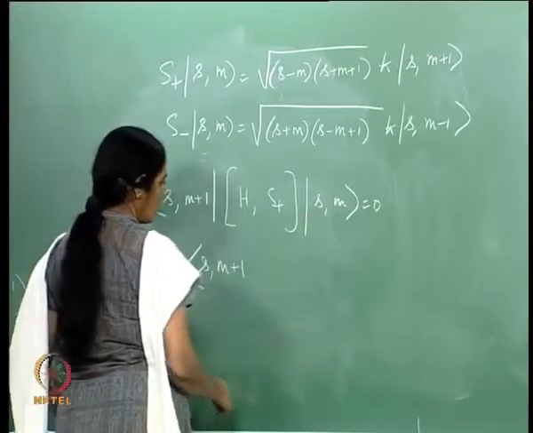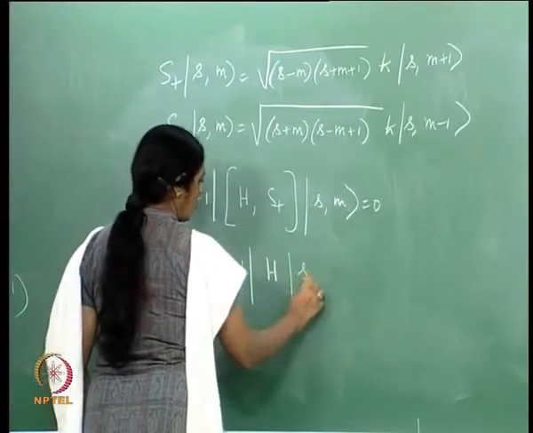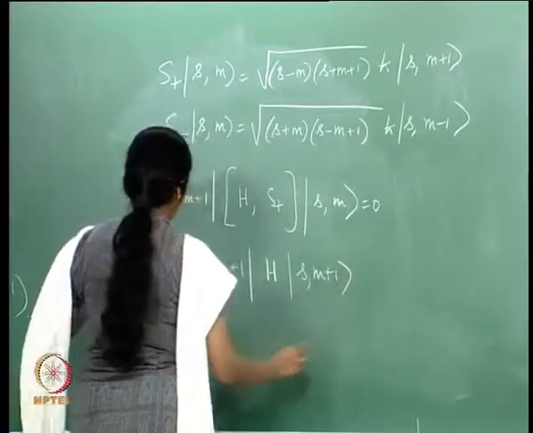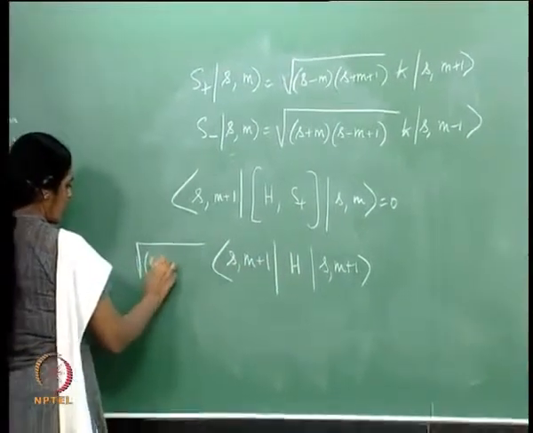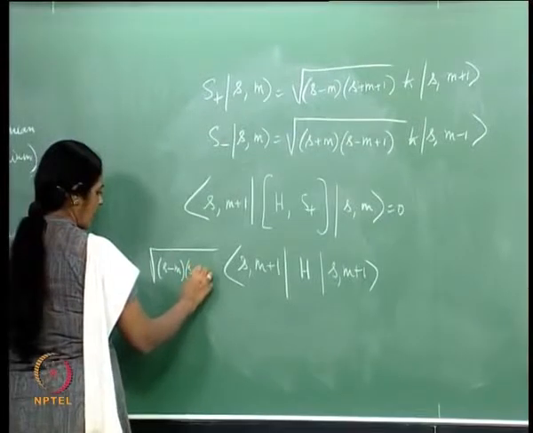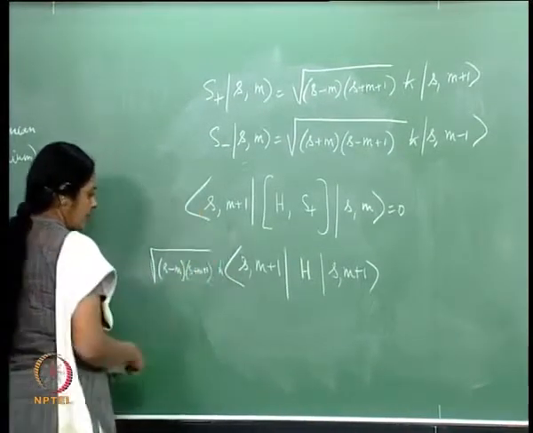⟨S, m plus 1| H S plus |S, m⟩ gives me ⟨S, m plus 1| H |S, m plus 1⟩, pulling out this coefficient, root of (S minus m)(S plus m plus 1) ħ. ħ is outside the square root.